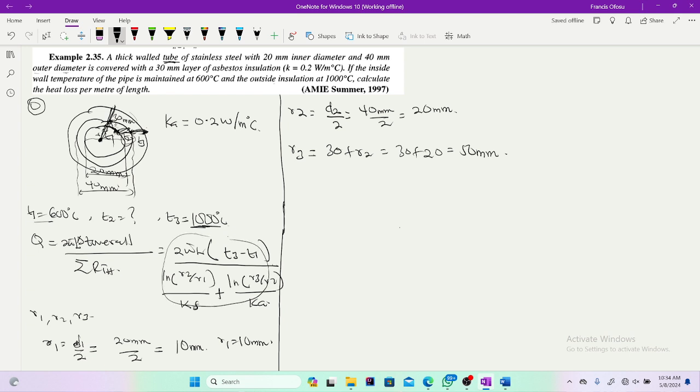Now realize that we weren't given the thermal conductivity of the steel, right? So we can just assume it to be 0 because we weren't given it, and we would definitely need it to solve it. So that means the heat loss from the steel pipe was very negligible, right? So our Q will now be 2 pi L, T3 minus T1.